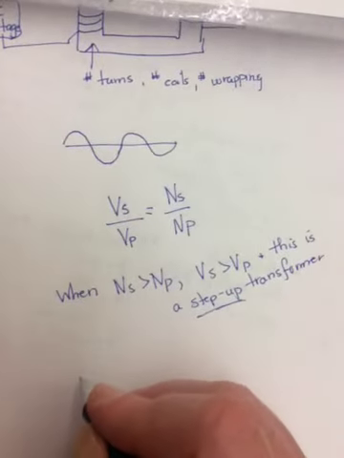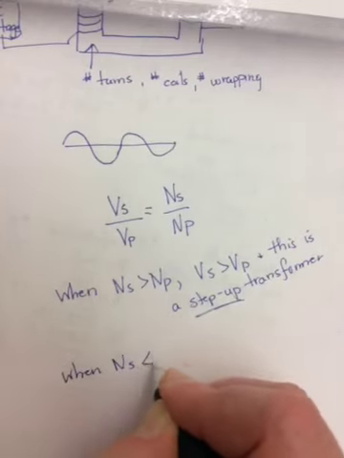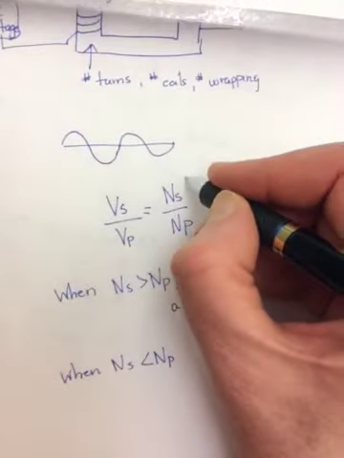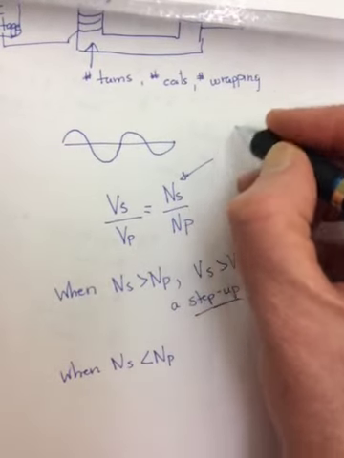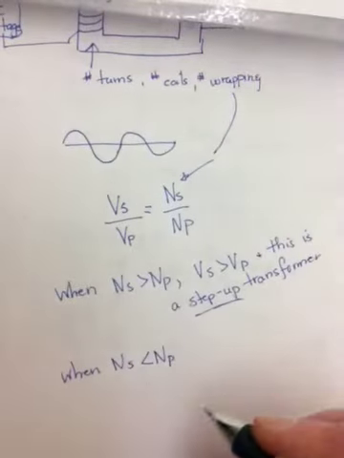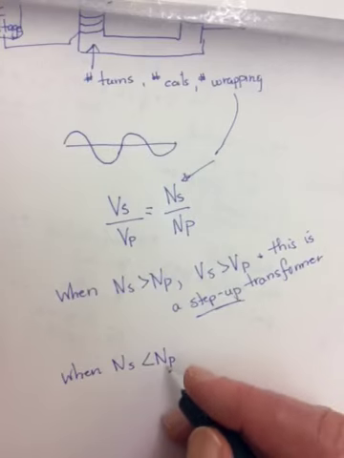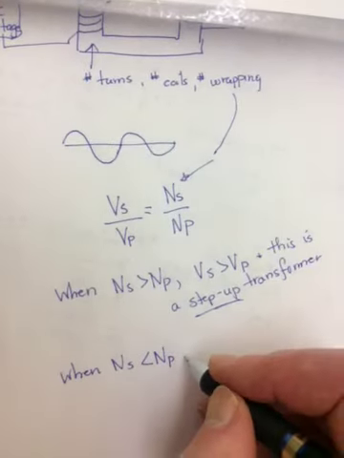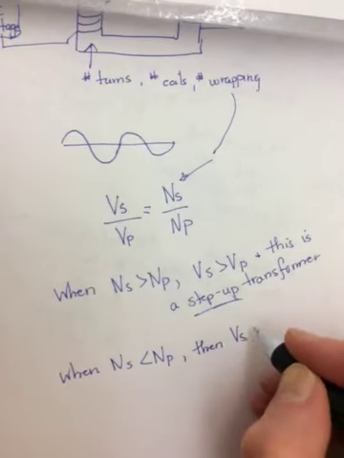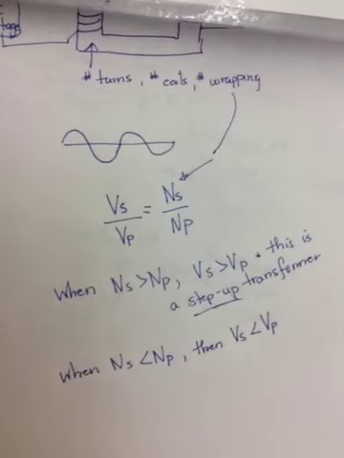And the reverse is true. When NS is smaller than NP, the number of turns, I guess I should have told you that. N is the number of turns, number of wrappings, V are the voltages. So when the number of wrappings in the secondary is less than the number of wrappings in the primary, then the induced voltage in the secondary will be less than the induced voltage in the primary.